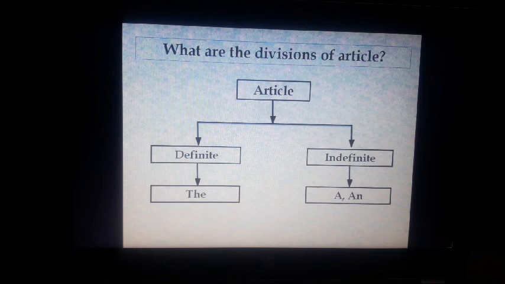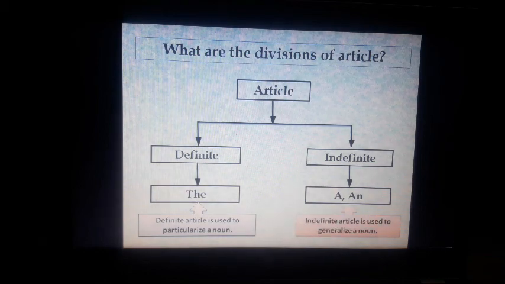Now let's see why it's called definite and why that is called indefinite. Definite article is used to particularize a noun, and indefinite article is used to generalize a noun.